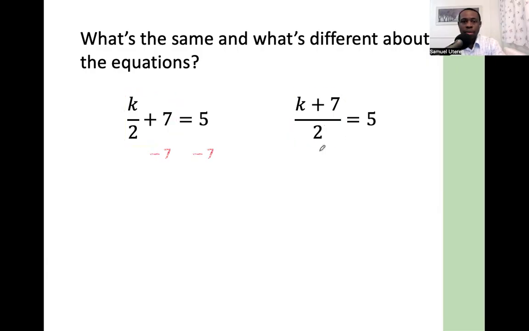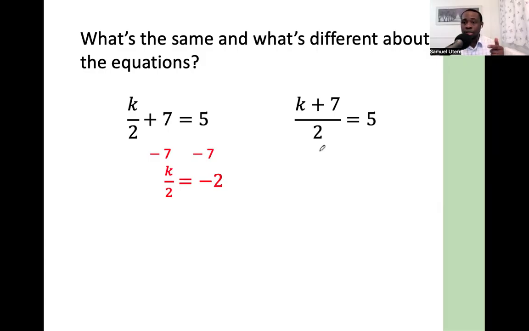So here we'll subtract 7, and we're left with k divided by 2 equal to negative 2, because 5 subtract 7 is negative 2. Next, what do we need to eliminate to help us have k being on its own so that we have k equal to something? Of course, it is division by 2.